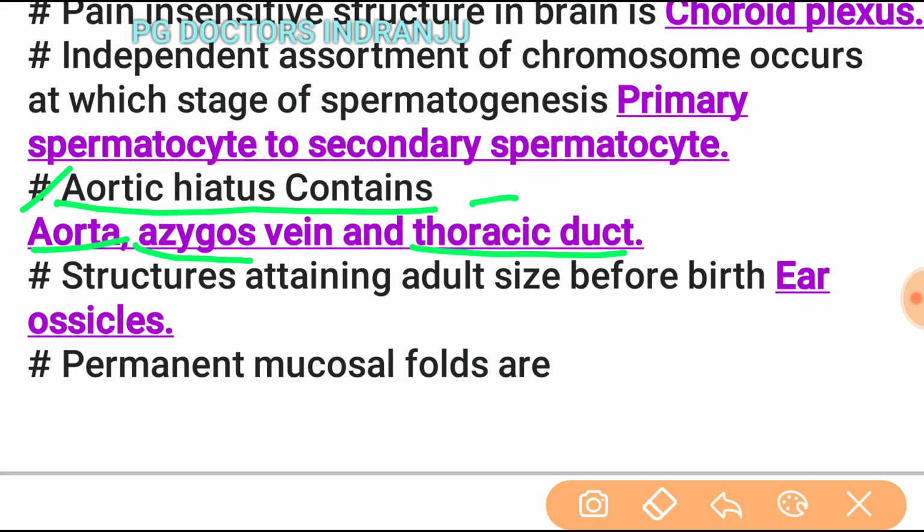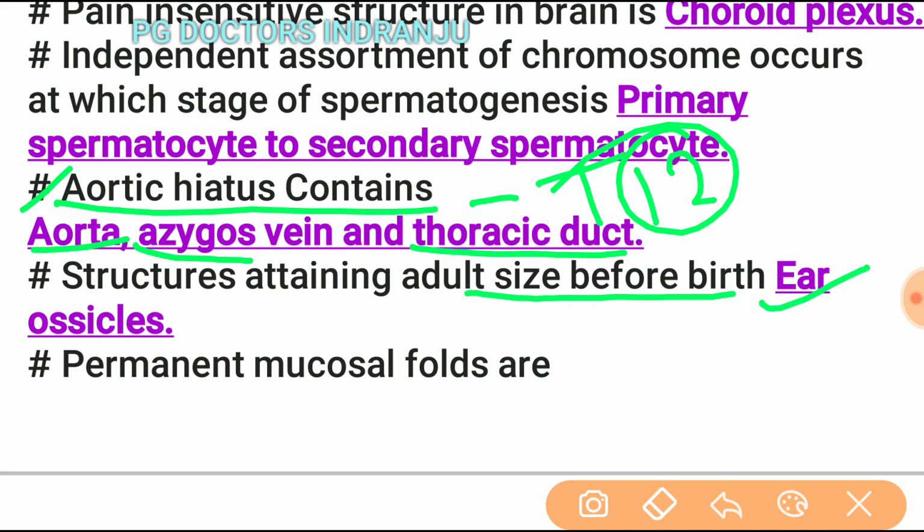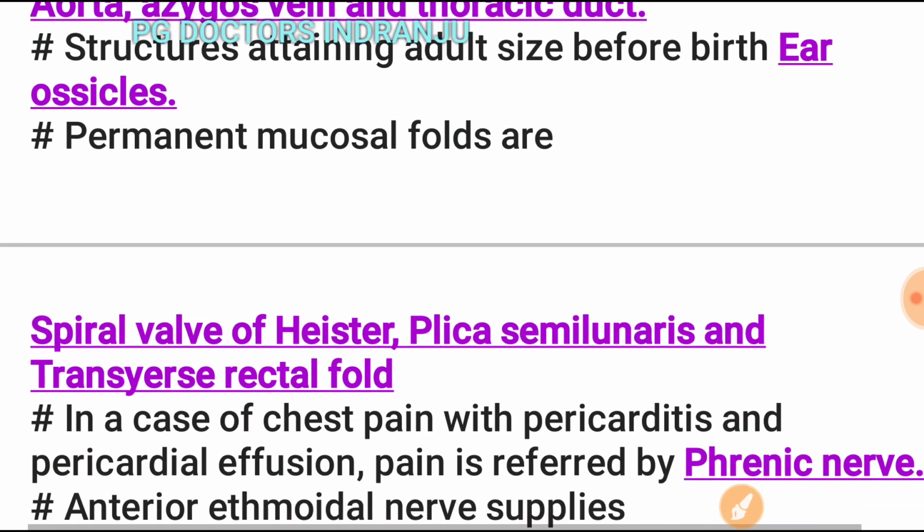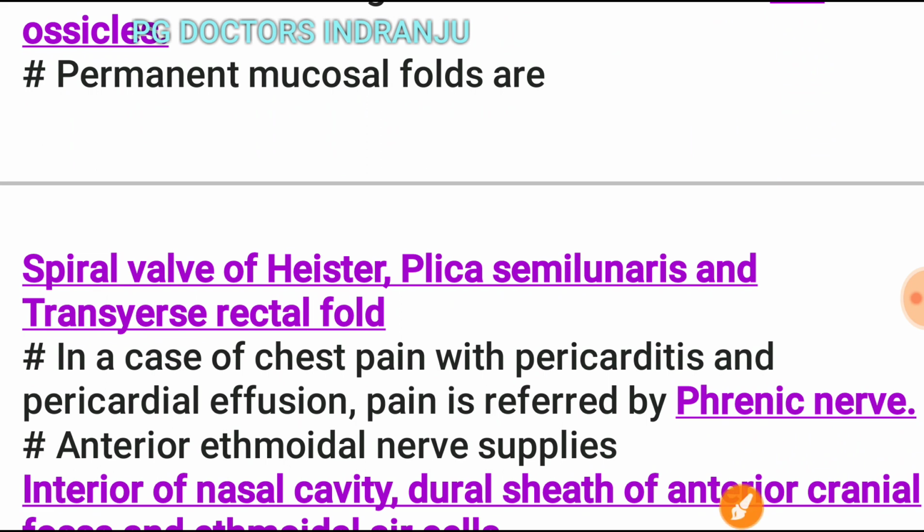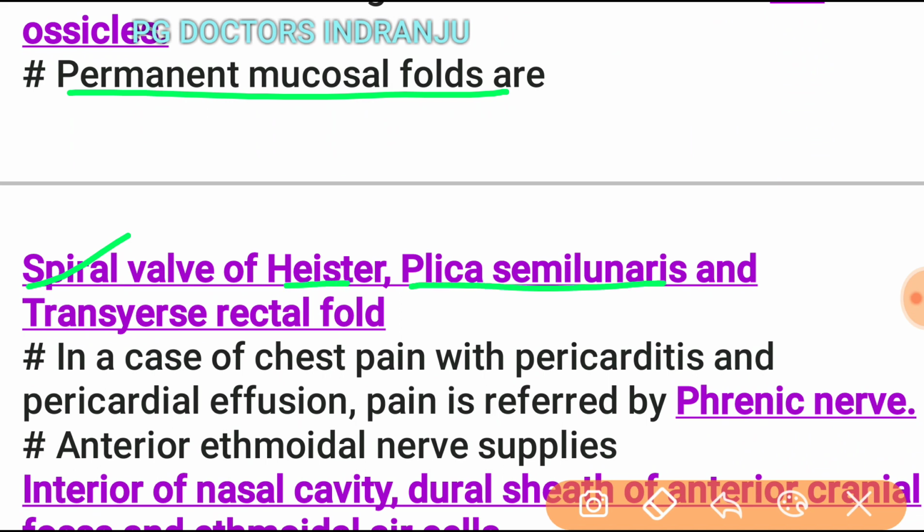The level of the aortic hiatus is T12. Next, the structure attaining adult size before birth is the ear ossicles. Next, the permanent mucosal folds are the spiral valve of Heister, plica semilunaris and transverse rectal folds.